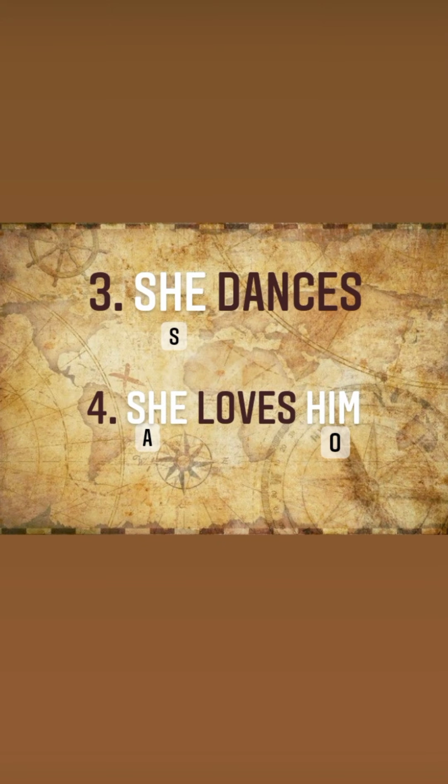And now in contrast, let's have the example in English. Number 3, she dances. Number 4, she loves him. Sentence number 3 is an intransitive sentence, and she is the S, while in the transitive sentence, she, as the letter A, has the same marking as in sentence number 3.